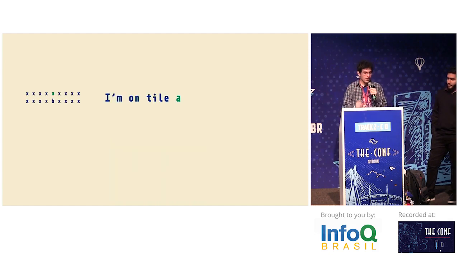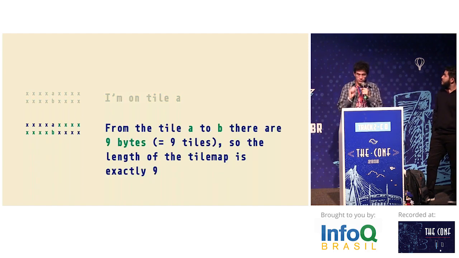Think with me. I am on tile A, and there is a tile B exactly below A. From tile A to B, there are 9 bytes. So there are 9 tiles, so the length of the tile map is exactly 9.